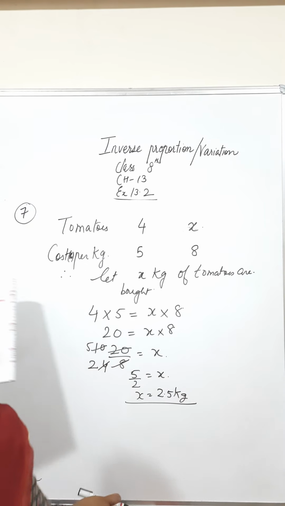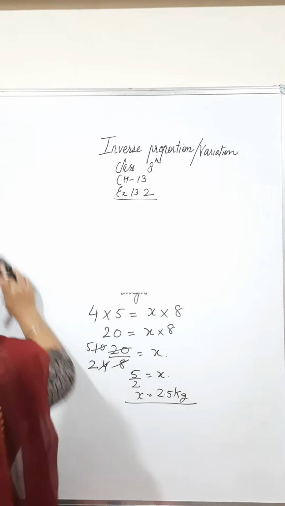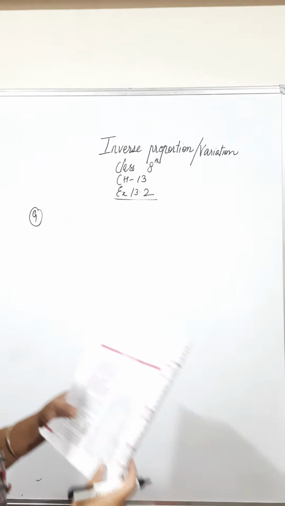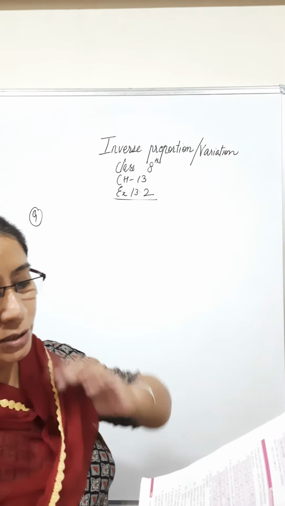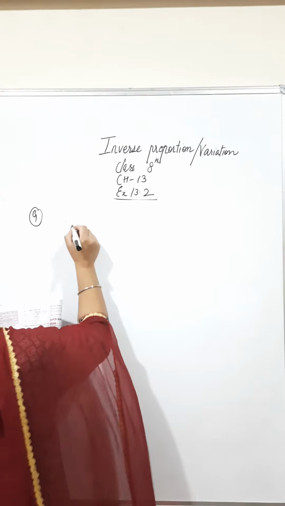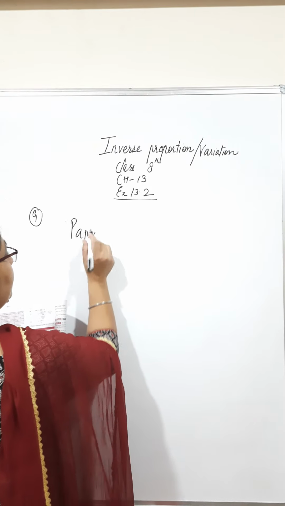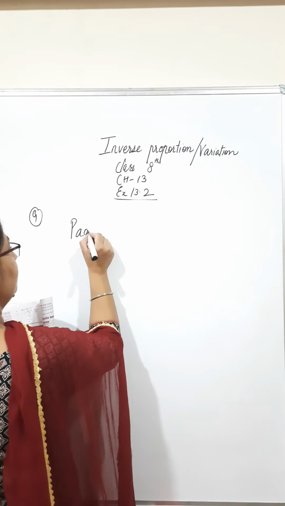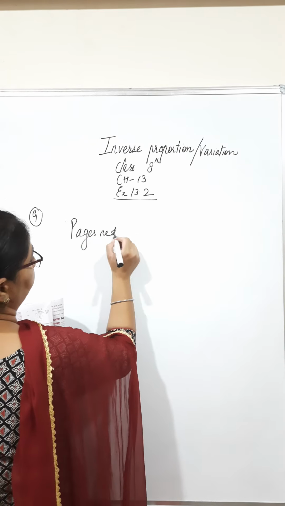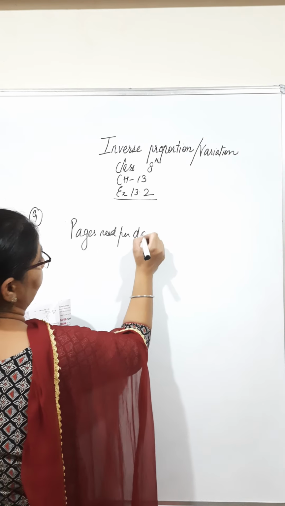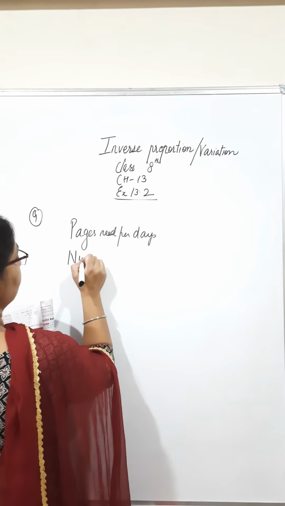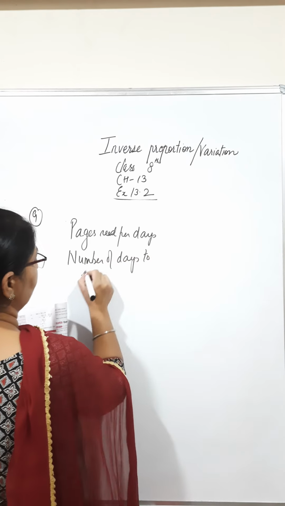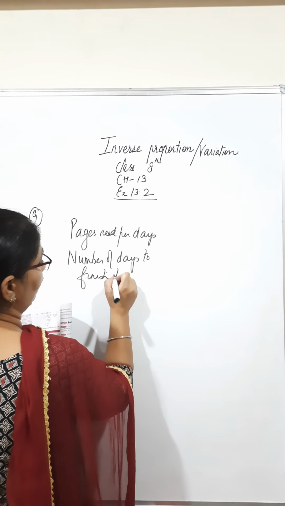Then question number 9. In question number 9, he says, reading 9 pages of a book every day, a girl can finish the book in 50 days. So the variables are pages read per day and number of days to finish the book.